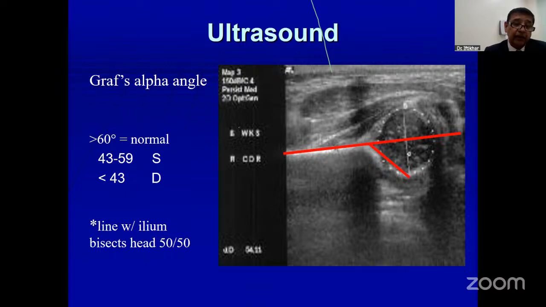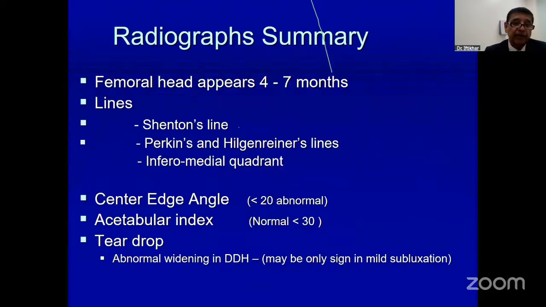Less than 43 means the hip is already dislocated. The line usually bisects the head of the femur 50-50, which means the hip is right in the center. But if it goes 60-40 or 70-30, that means the hip is slipping out. Just to give you an idea.